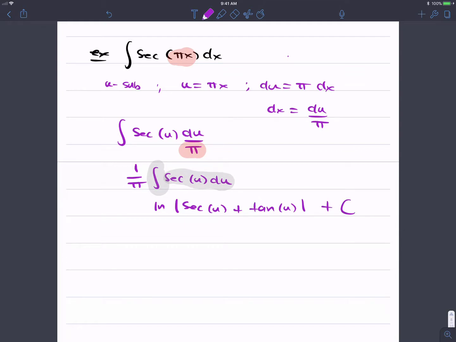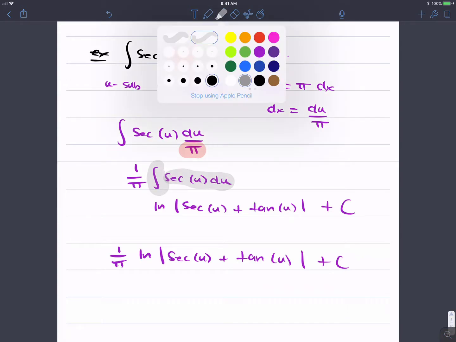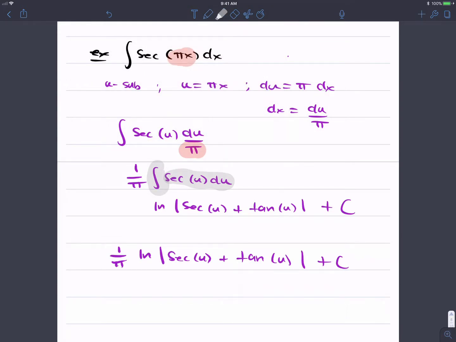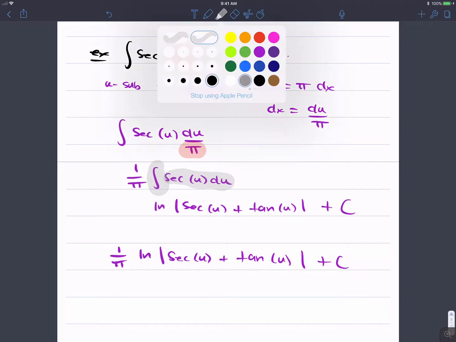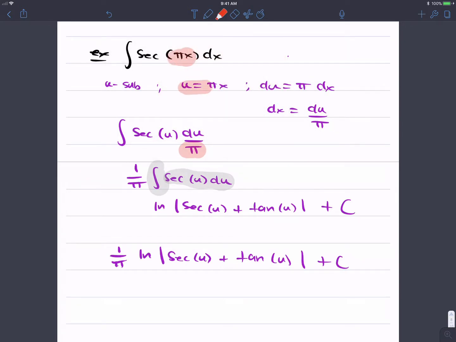So altogether, I have 1 over pi natural log absolute value of secant u plus tangent u plus our constant c. Now remember, u here is pi x. So I'm going to go back now and fill in pi x for my u.